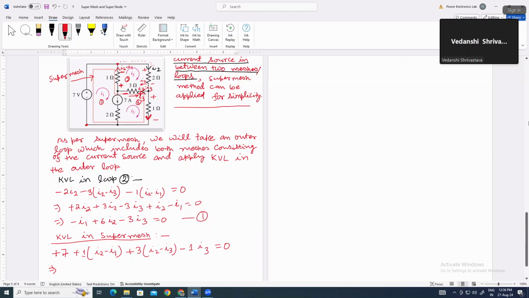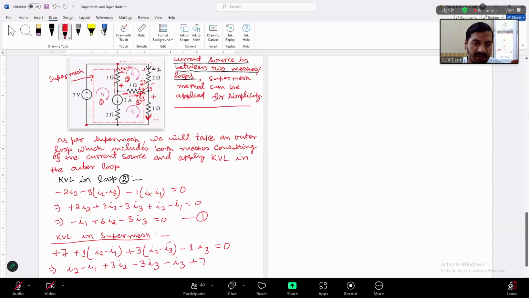Okay. So we will simplify this equation. We can write I2 minus I1 plus 3I2 minus 3I3 minus I3 plus 7 is equal to 0.